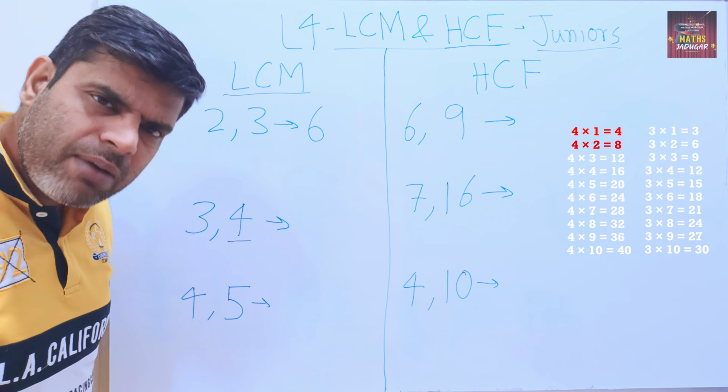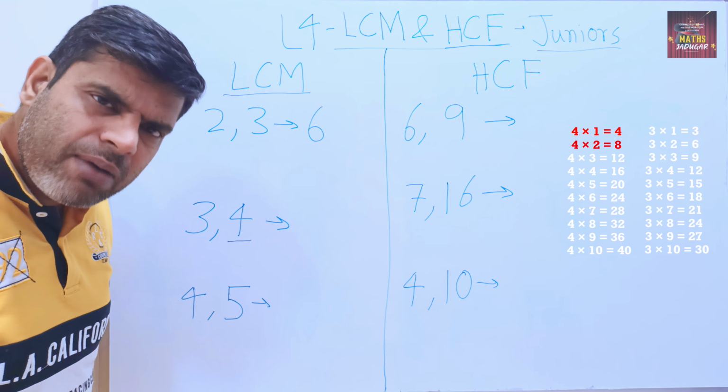Does 12 come in the table of 3? Yes. I am doing everything in my mind, and don't say that you don't know the tables of 3 and 4, my kids. You know it, you have it in your supercomputer. You can do it very fast if you understand the concept. The lowest common multiple can be equal to or more than only the bigger number. So just test the multiples of 4 on 3 and you will have your answer.